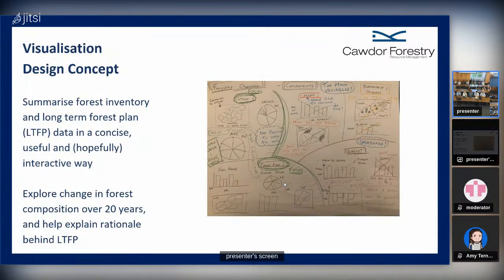And my idea was that I wanted to produce a single graphic, a single visualization that would encompass the character of the forest plan and of the forest. So at the moment, we visualize and present these data as part of the forest plan as a suite of maps and charts and tables.